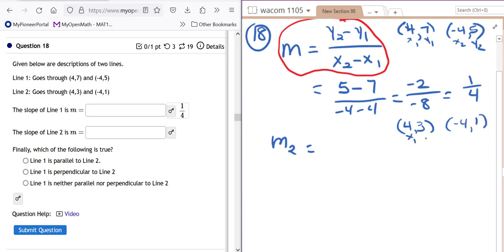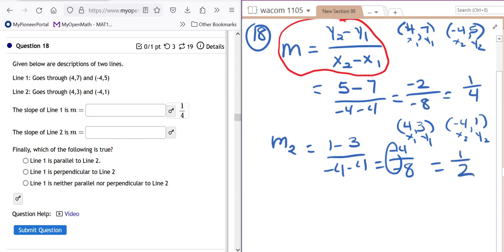So this will be x1, y1, x2, y2. All right, so it'll be y2 minus y1, 1 minus 3 over x2, negative 4, minus x1, negative 4. All right, so we get negative 4 on the top over negative 8. Two negatives will give you positive, and 4 over 8 gives you 1/2.